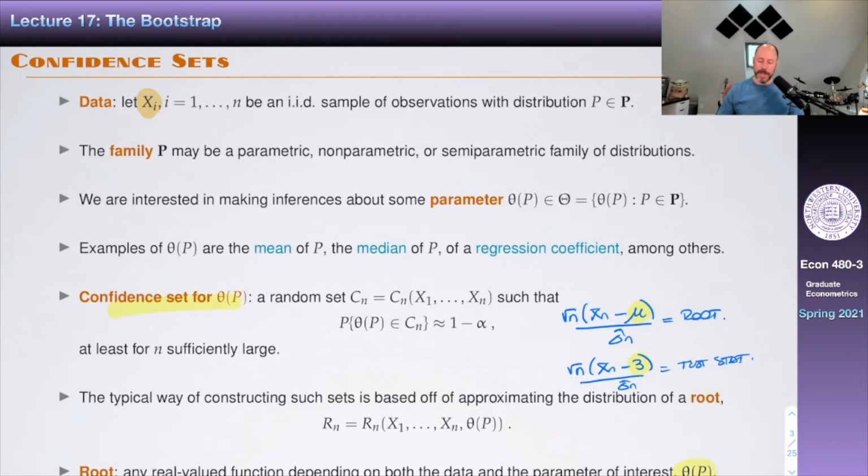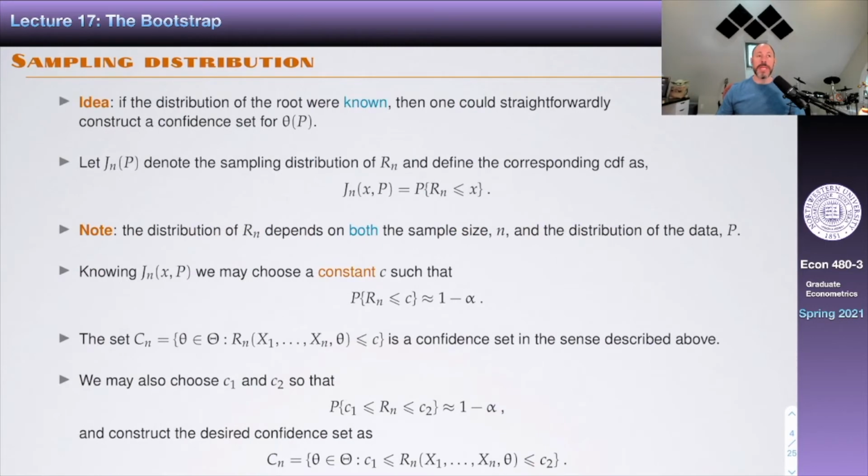Okay, so what we need to proceed is to talk about the sampling distribution of this root. The idea is that if the distribution of the root were known, then we can solve this problem immediately, because that's all you need at the end of the day to construct a confidence set for theta p. So we're going to use this notation where J denotes sampling distributions, and in particular J n P is going to denote the sampling distribution of the root R n.